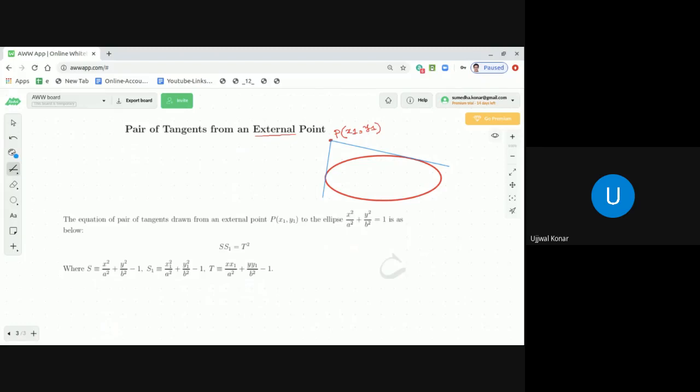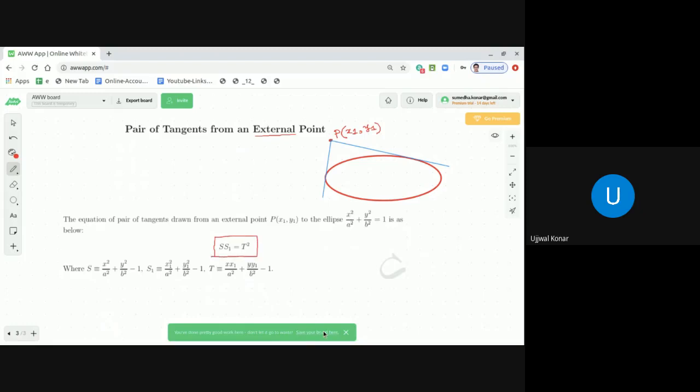Now, from that external point, as we draw two tangents, as you see in blue, what is the joint equation of those two tangents? That is represented by the equation S S1 equal to T square.